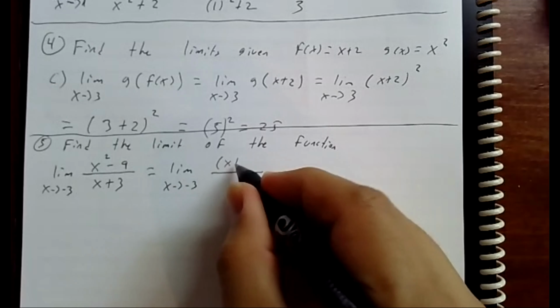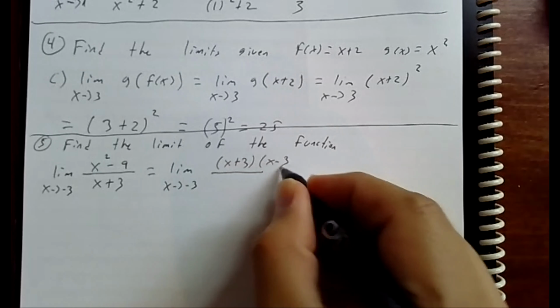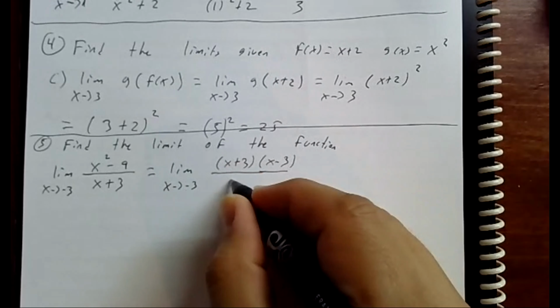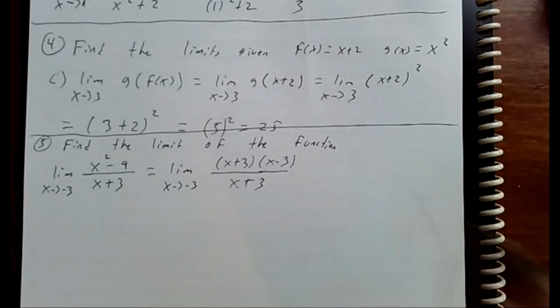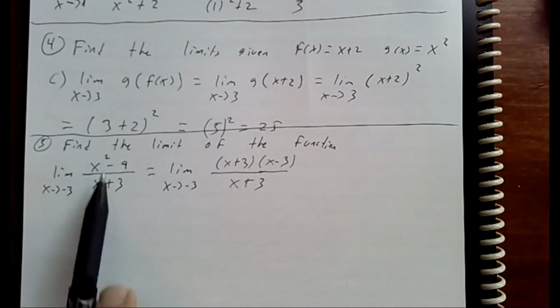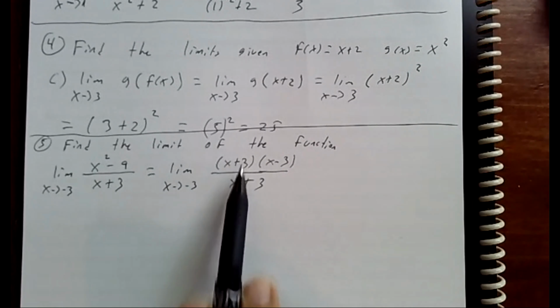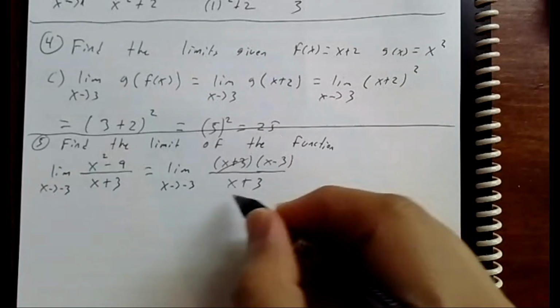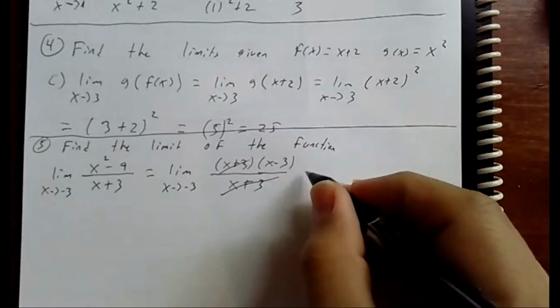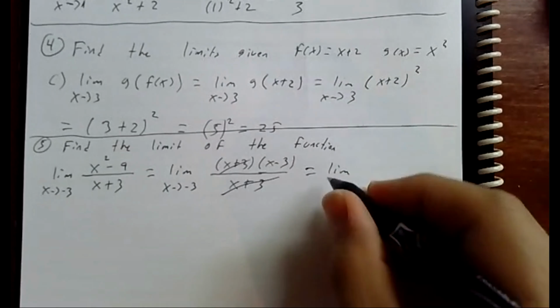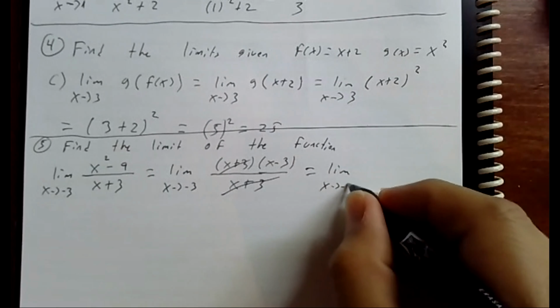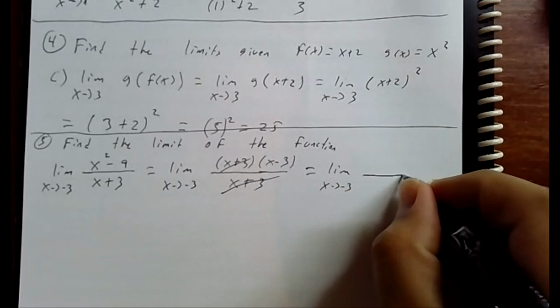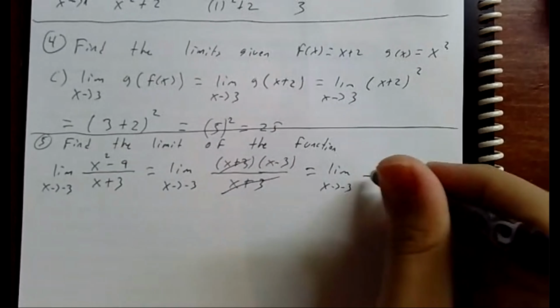So this becomes x plus 3 times x minus 3 over x plus 3. Once you factor the top, you're going to cancel, leaving you with just this piece. I no longer have that problem area.